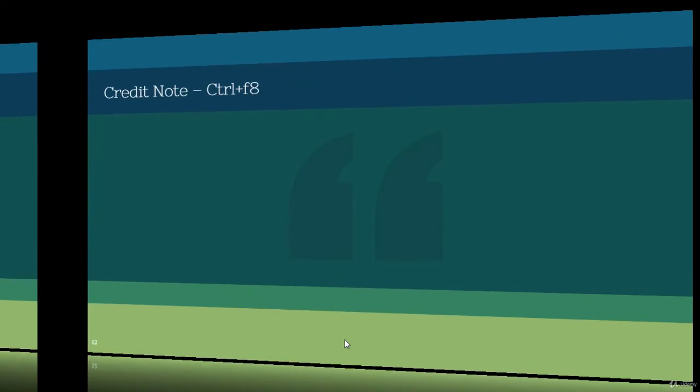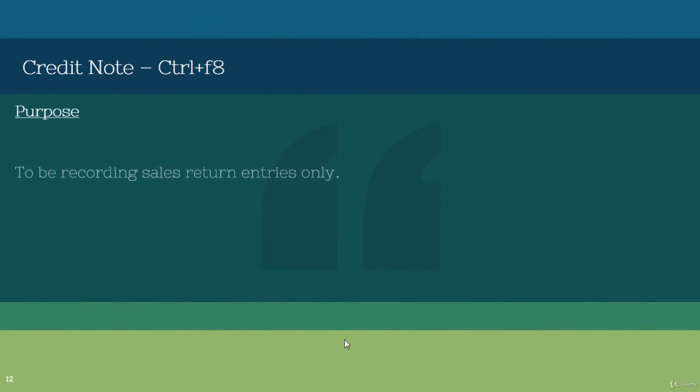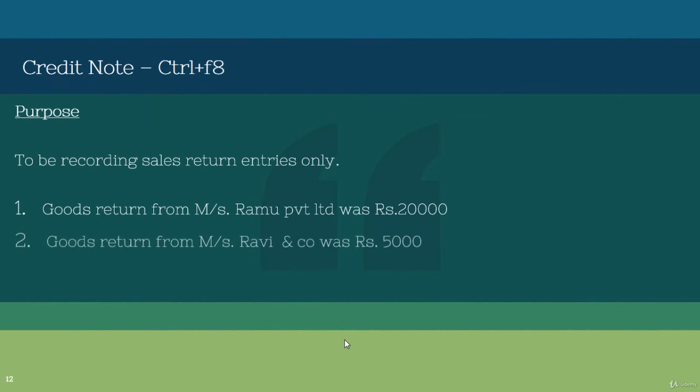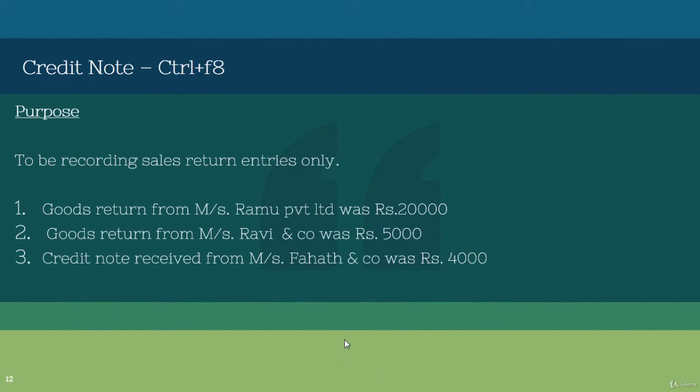Now we are going to look at the credit note. The credit note means that if we sell a product and the customer is not satisfied with it, they will return it. This sales return needs to be recorded in our books, so we enter it in the credit note.